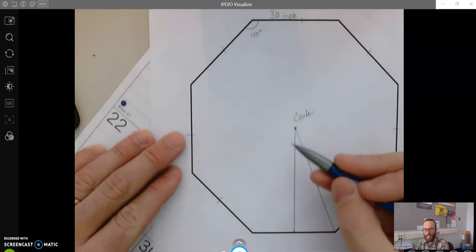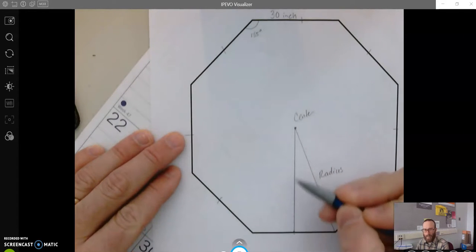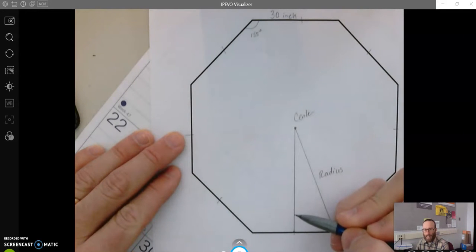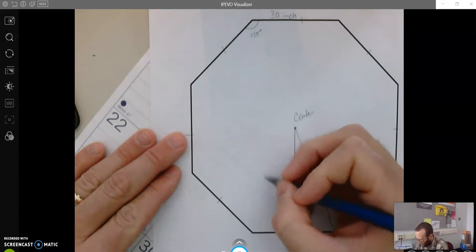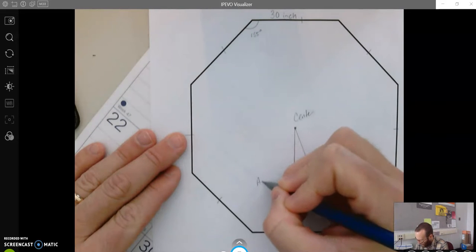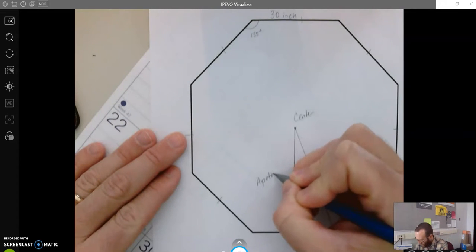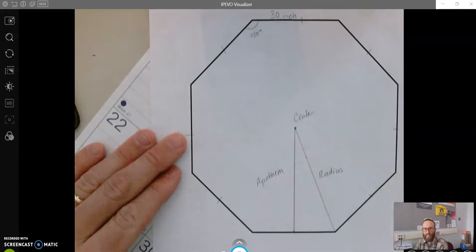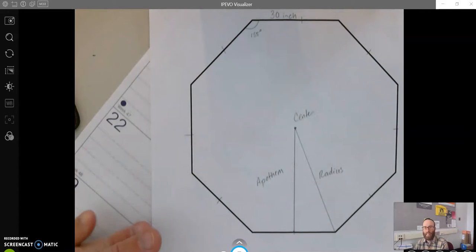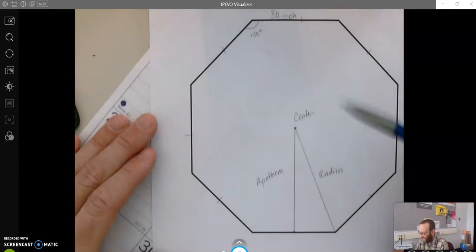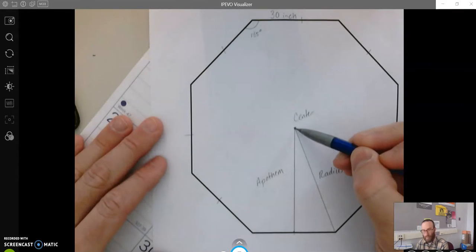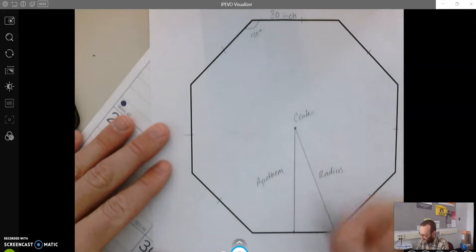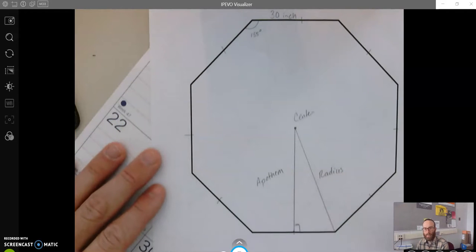The key here is that this side of our triangle has a fancy new name, and it is spelled A-P-O-T-H-E-M. I'm going to say it as apothem, but I've heard people put that emphasis in different parts of the word. Okay, but the apothem is a segment that goes from the center, perpendicular, meaning a right angle, to the opposite side.